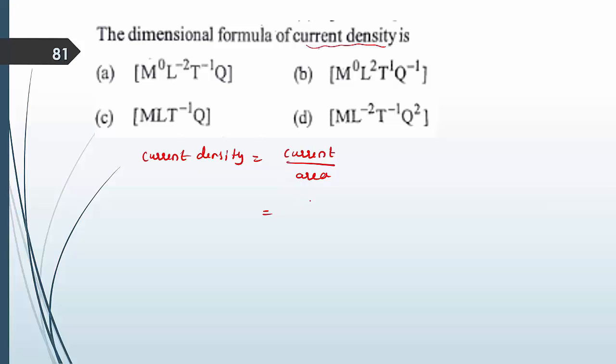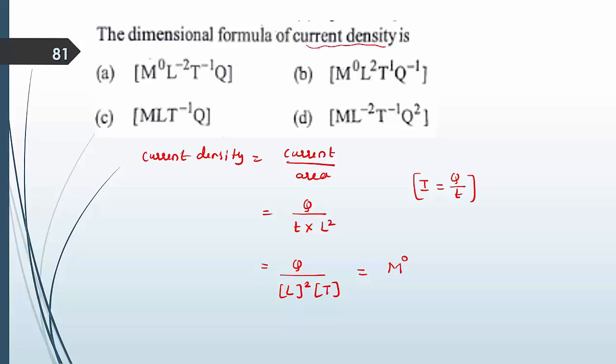In place of current, we know that current is denoted by I equal to Q divided by T. So in place of current, I am going to write Q divided by T, into area, which is length into breadth. Length into breadth means we can write L square. Now substitute their values. Q, charge, divided by L square T, or you can take these terms to the numerator.